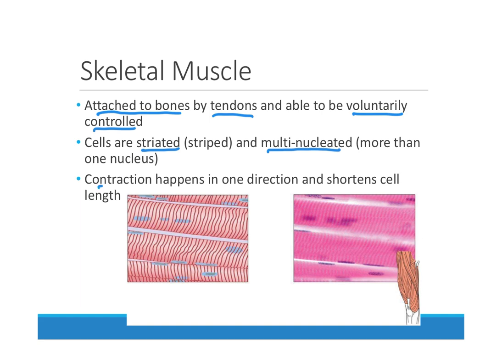Contraction only happens in one direction. If we're looking here at our cell, this is just a picture of a cell. We have an actual slide diagram over here. But your contraction would always happen in the same direction. The whole cell will shorten from its long lengthwise direction. And so as the individual cells shorten, the whole muscle will shorten.